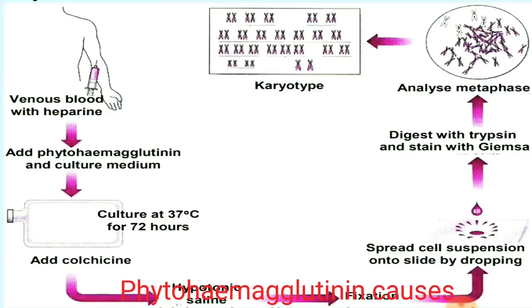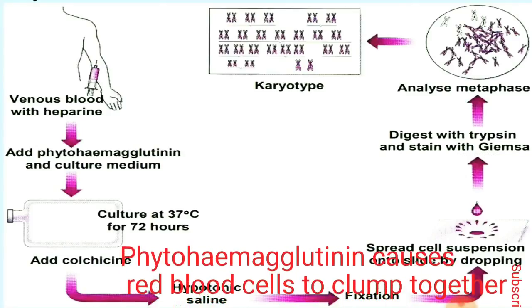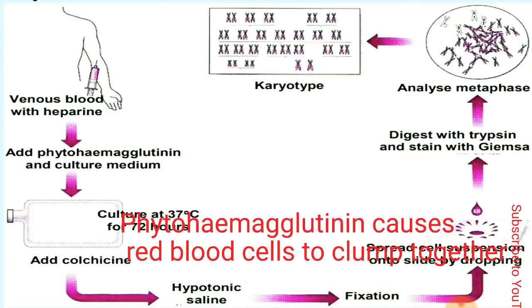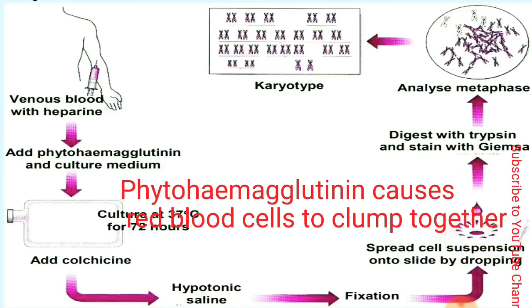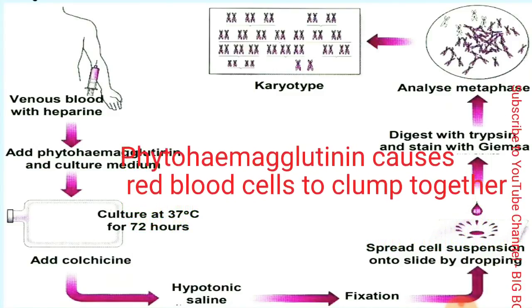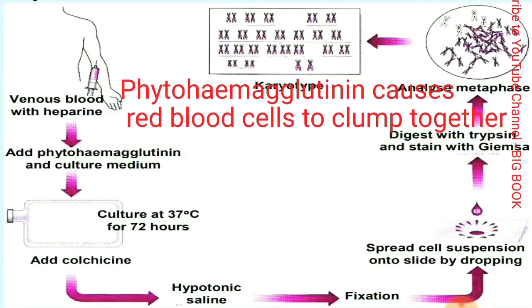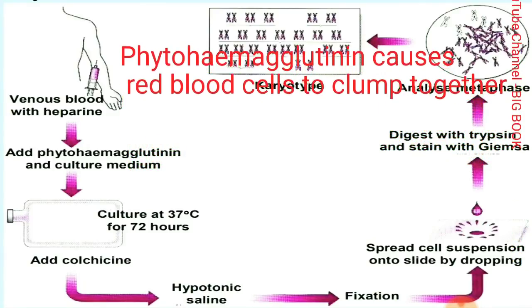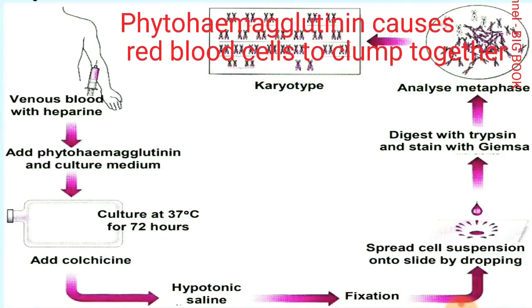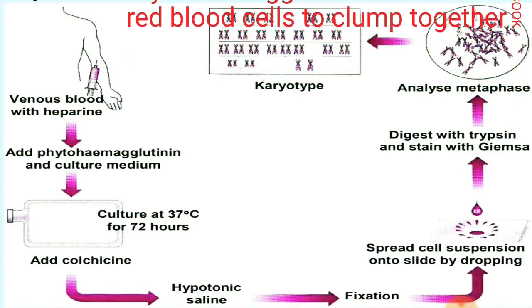Now if we speak about phytohemagglutinin, it is actually a plant protein, especially extracted from the French bean. It is going to clump the blood. Before, we discussed heparin, and now we are discussing phytohemagglutinin.